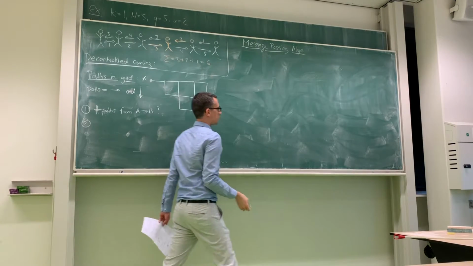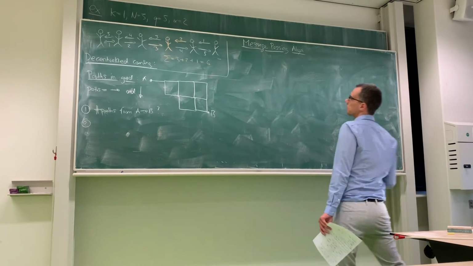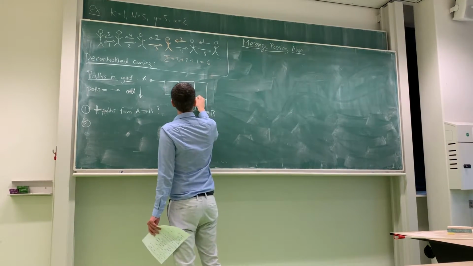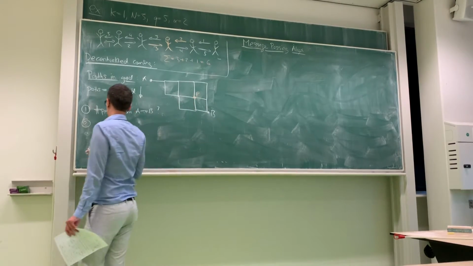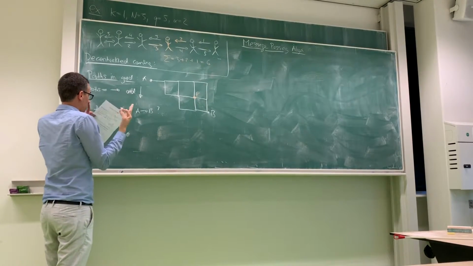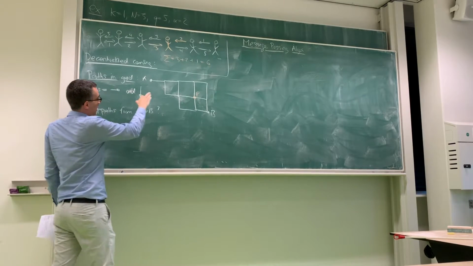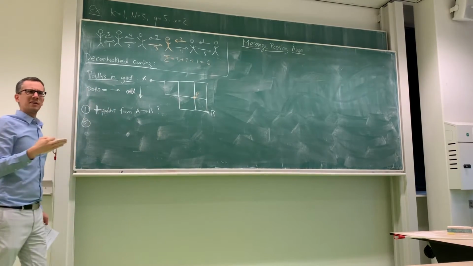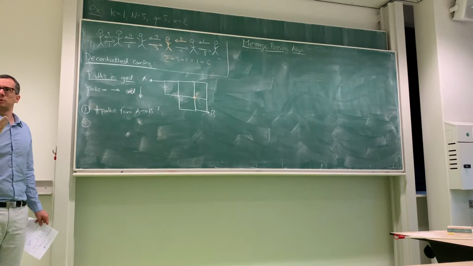So imagine I have some other point floating around P, and I would like to know what's the probability that a path goes through P, or equivalently, how many paths go through P, for a fixed P, right?